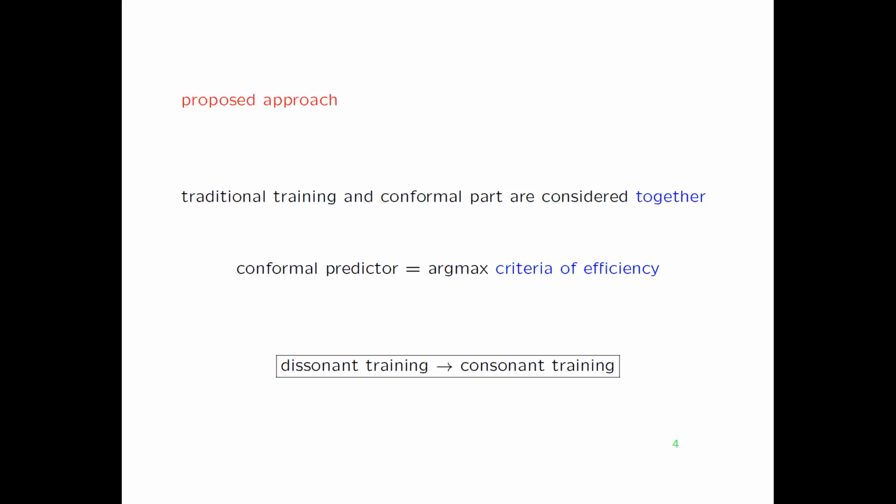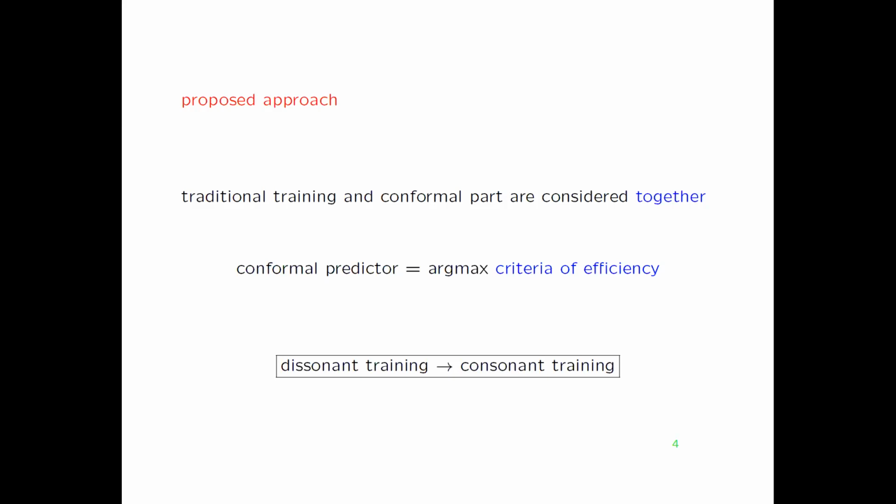Volodya presented to me a set of possible objective functions that you can use to measure the efficiency of the conformal predictor that is built on top of a given algorithm. And these are called criteria of efficiency.